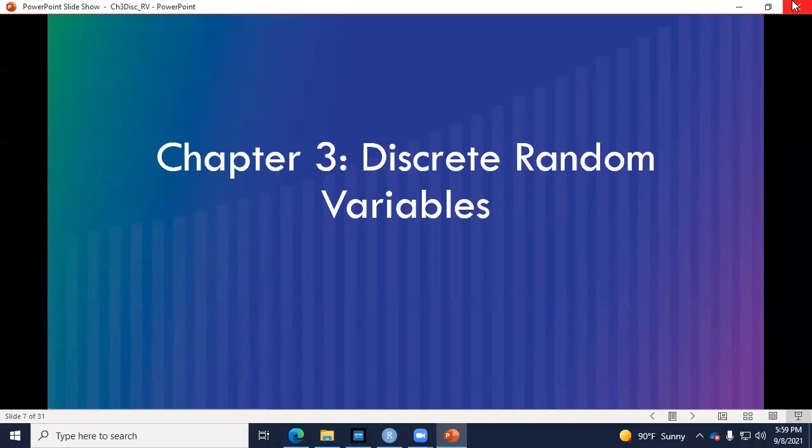Well, yeah, this is our topic today, the discrete random variables. I was about to say that, to be honest, chapter 2 can be really hard, but also easy, as long as you know the basic concepts and you can do some basic and medium level questions, you're good to go.